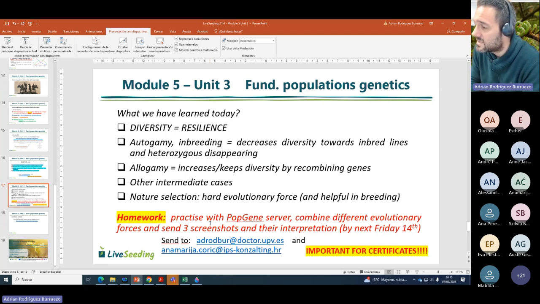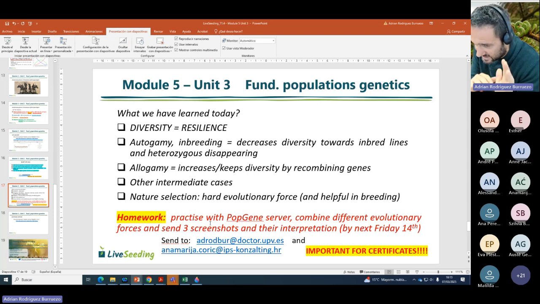Combine different evolutionary forces, mainly the two I have discussed with you. And please send three screenshots of three different simulations, varying the size of the population and the fitness of the three genotypes, and compare and give me your interpretation, your discussion about the results.